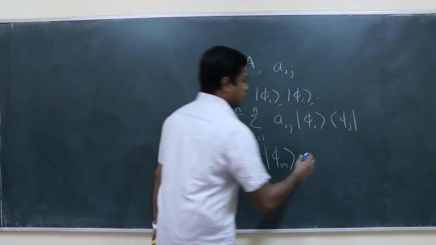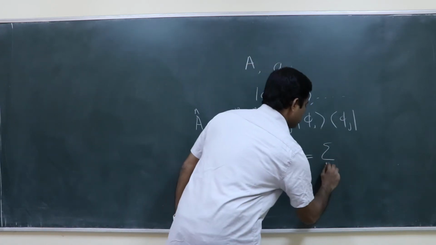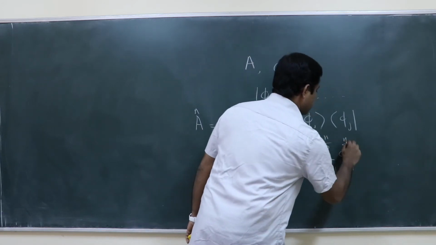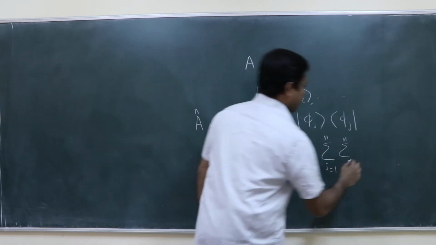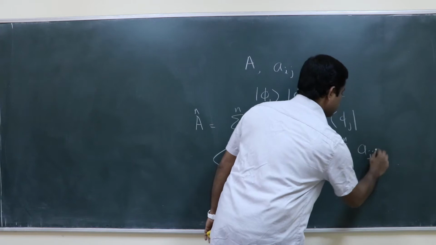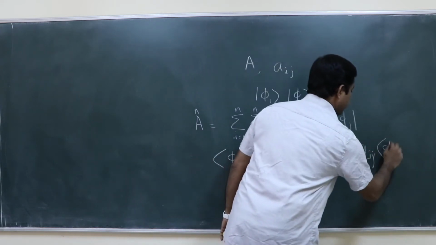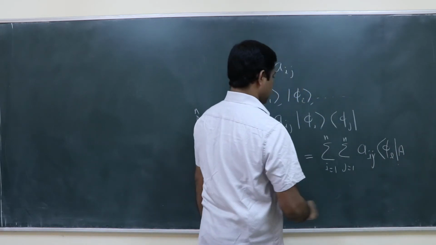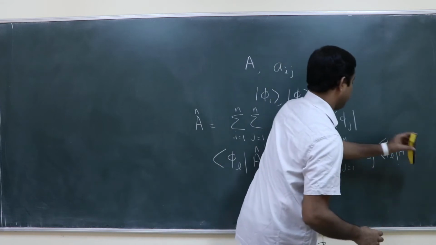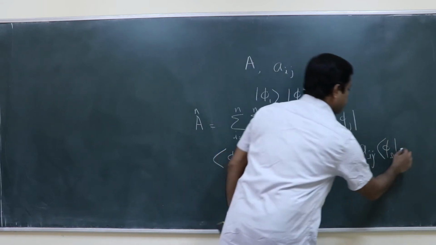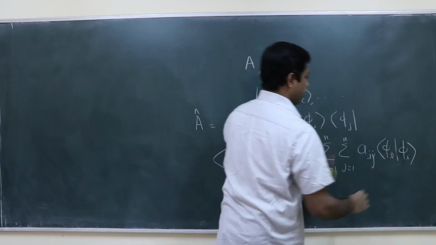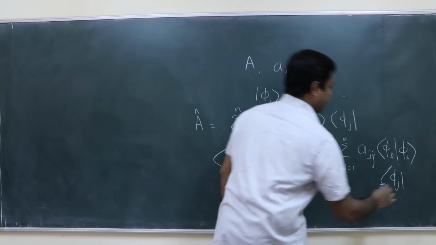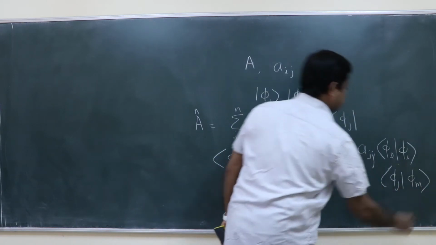So this is equal to the sum over i equal to 1 to n and j equal to 1 to n, where n is the dimension of the space. Then Aij is just a number, so I can do bra phi L, ket phi i, bra phi j, ket phi M, right?